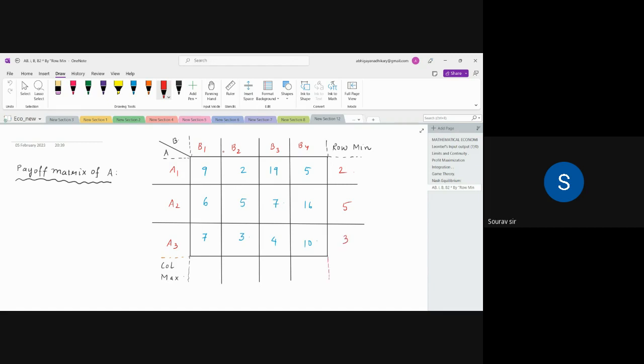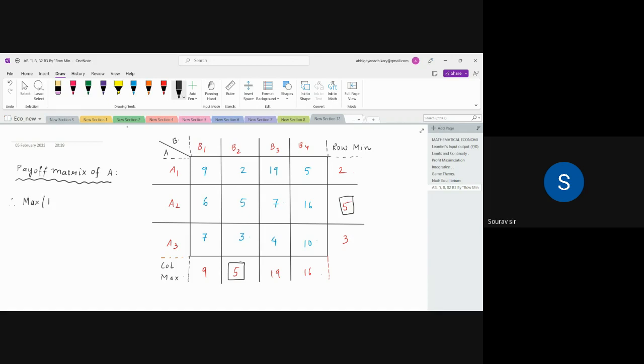Coming to the column maximums, the first one would be 9, then 5, then 19, then 6, right? Now you want to maximize over the row min, तो वो कहाँ पे मिल रहा है आपको? This is the maximum, and you will minimize over the column maximum. तो minimum कहाँ पे मिल रहा है? This one.